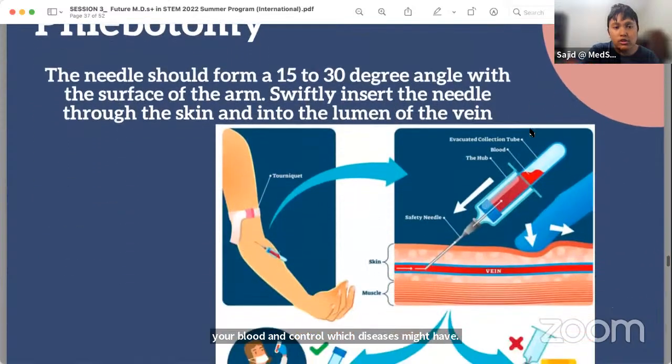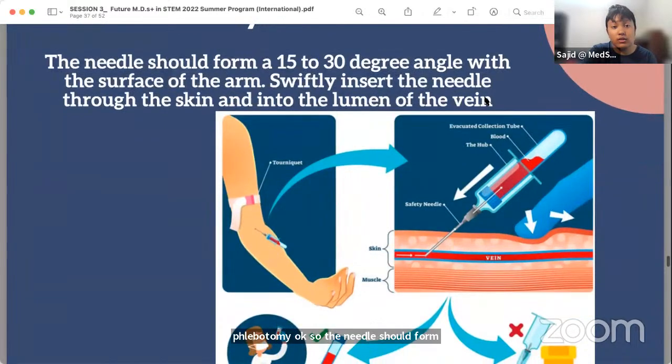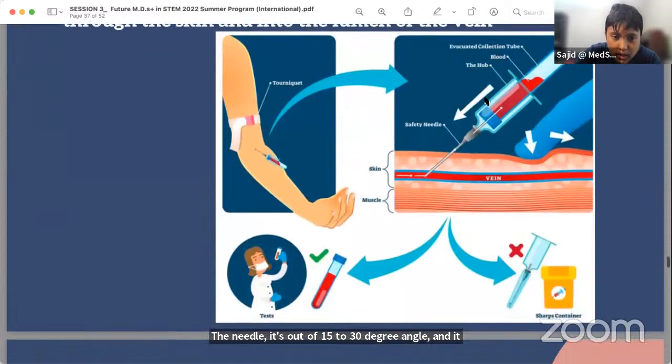So in this picture, phlebotomy. The needle should form a 15 to 30 degree angle with the surface of the arm, and you swiftly insert the needle through the skin and into the lumen of the vein. In this image, you can see the needle at a 15 to 30 degree angle going into the skin.